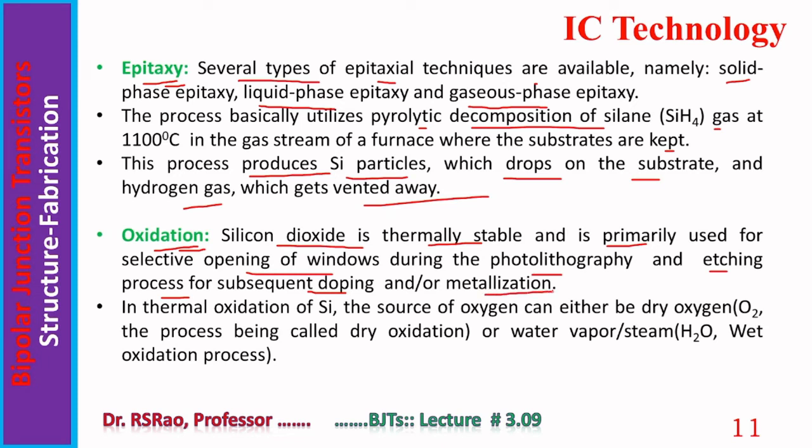In thermal oxidation of silicon, the source of oxygen can either be dry oxygen, O2, the process being called dry oxidation, or water vapor or steam, H2O, the wet oxidation process. Here, a complete description of these processes is not given, just a brief touch of these processes is presented.